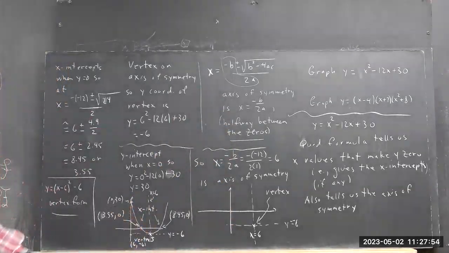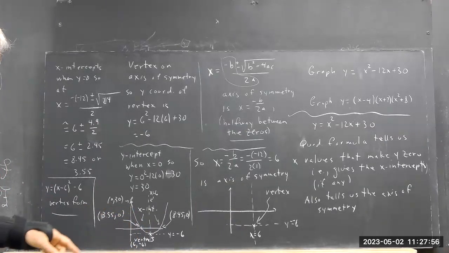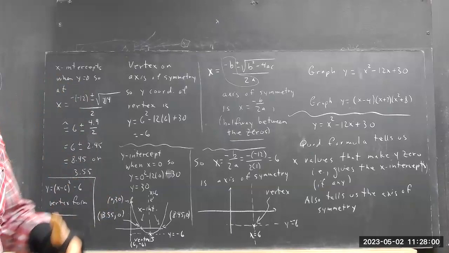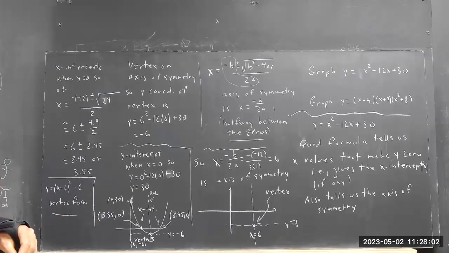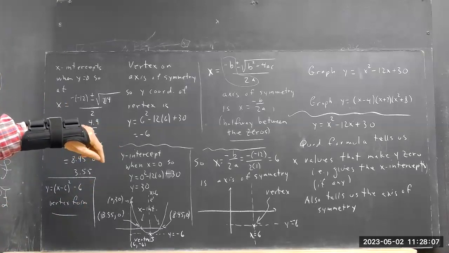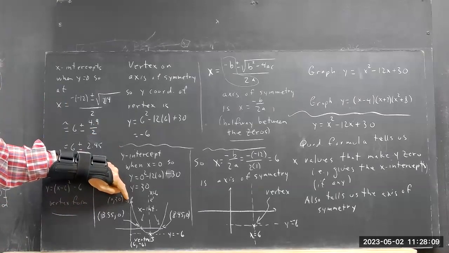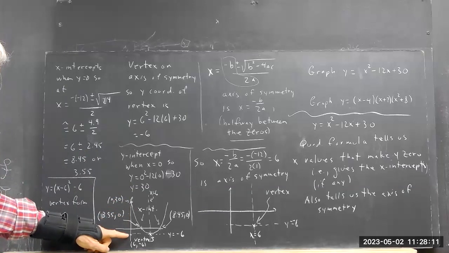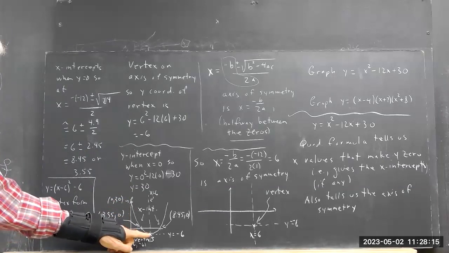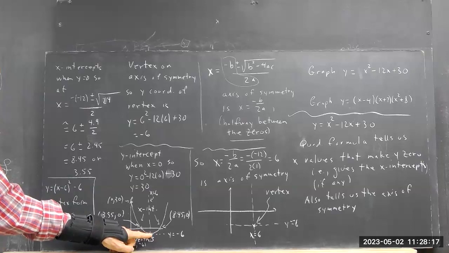I'd have to redraw the graph. Yeah, you have to do that sometimes. You don't leave yourself enough room on the paper, even though you correctly anticipate what's going to happen. Okay, well, anyway, 0, 30 here. And if this is 30, then negative 5 or negative 6 would probably be down here. And there's your vertex.